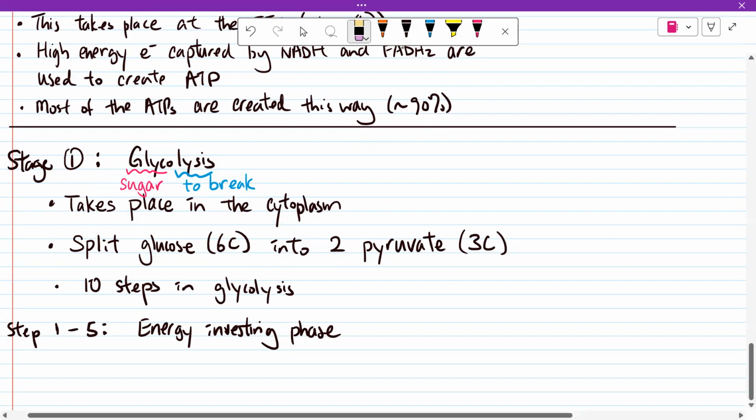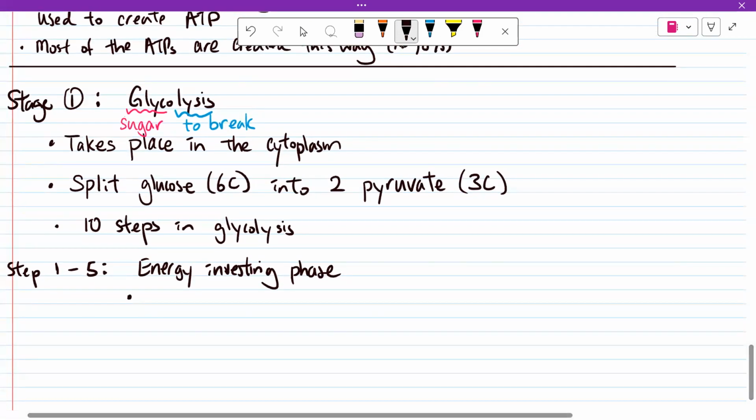So in the energy investing phase, 2 ATP are used to energize glucose, right? So that it is willing to react, right? You energize it, you make it unstable, and then it's gonna react.